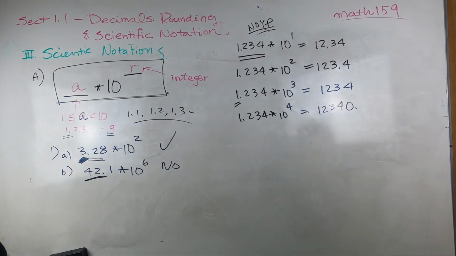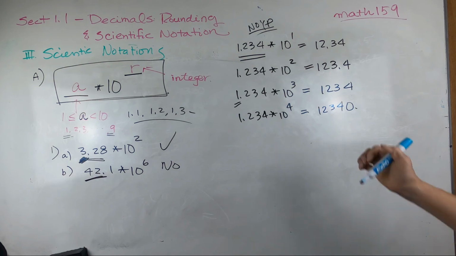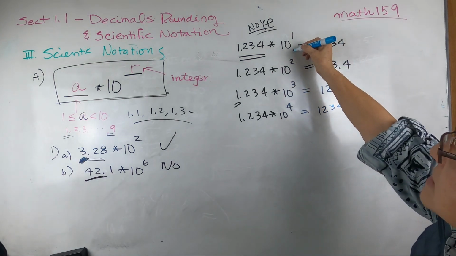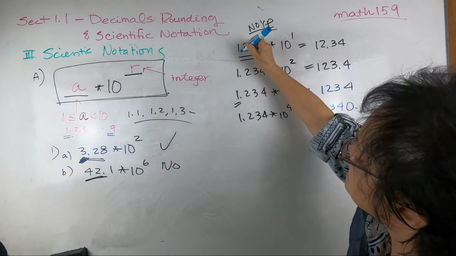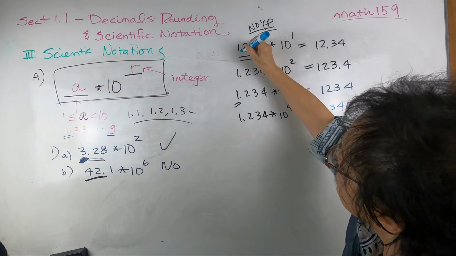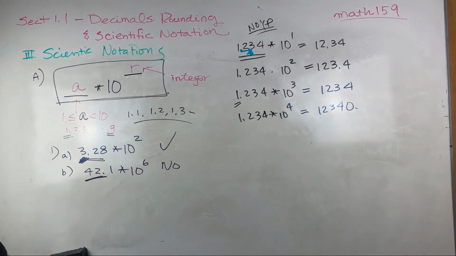Okay? But in concept, what do you have? Take a look. Times 10 once. So the decimal was here, now it's here, right? That means you move how many places to the right? 1 place, right?